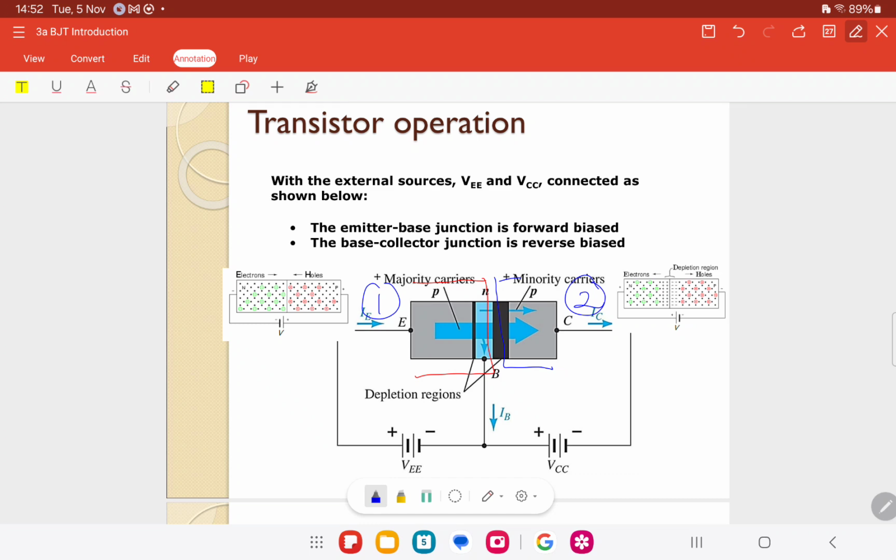Because of the concentration gradient, we have majority carrier. Dalam P, majority is holes. In N, majority is electrons. Okay, so we have the majority and majority carrier. What we have learned in previous chapter 2, because of that we will have diffusion and drift.